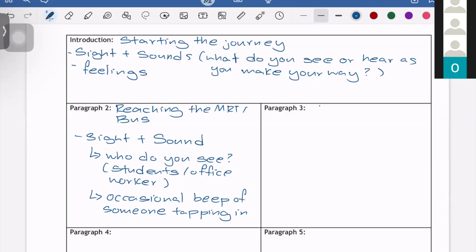Then paragraph 3, this is when you get on the transport. Focus on your sight and sound again.